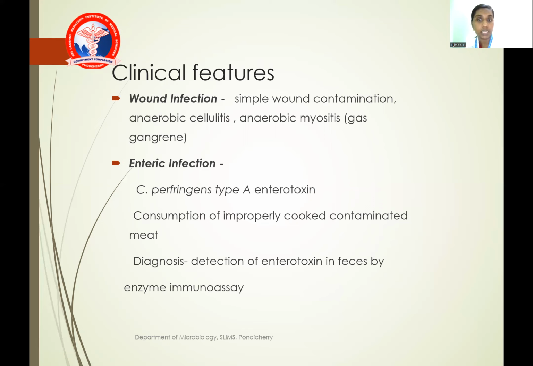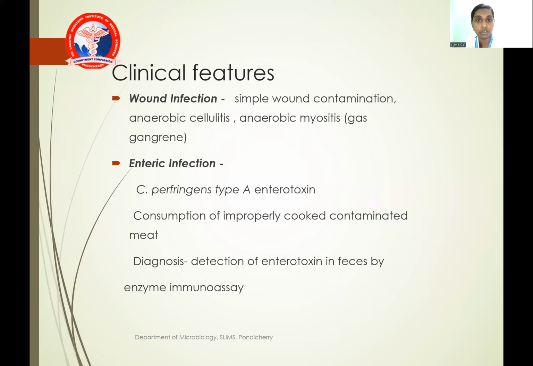Then the third one is anaerobic myositis. Here, the organism invades the muscle and produces large amounts of toxin, and there will be gas inside the muscle, giving crepitus inside the muscle. So these are the types of wound infection.